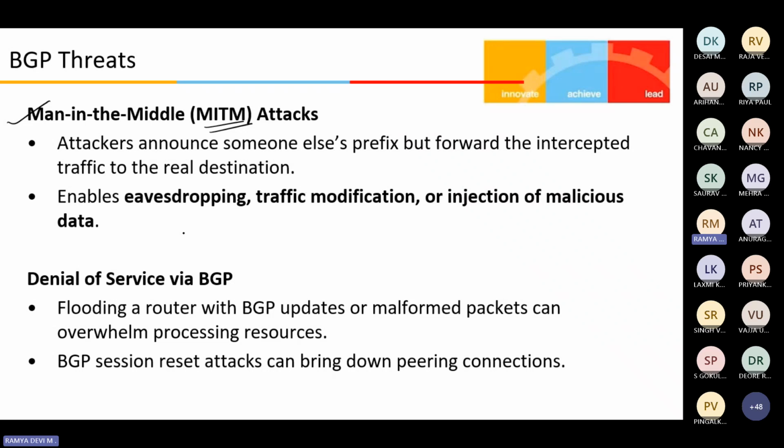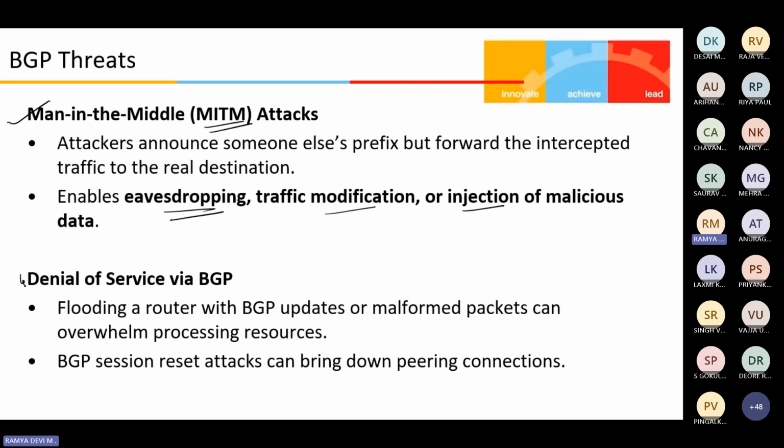This enables eavesdropping on sensitive data or traffic modification, meaning altering packets in transit or injecting malicious data, malware, or false information. The data can be stolen or even dropped, and attackers can intercept traffic without causing outages. That was the third problem.